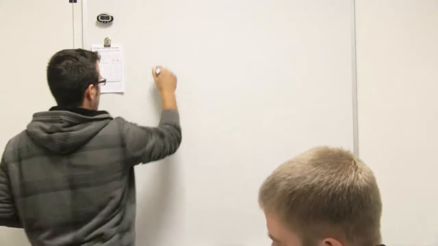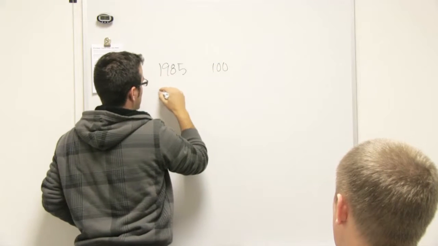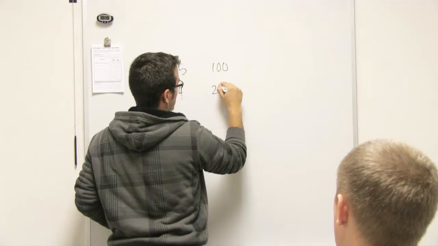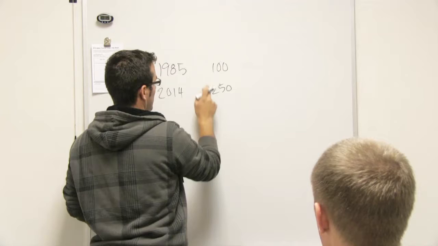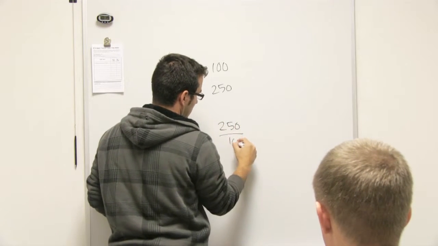Well, that's for the computer, but the price level is the same as CPI, which they're saying right here is 100 to 250. So in 1985, it was 100, and today, 2014, or whenever that book was made, it's 250, right? So you want to see how many dollars today is each dollar there, and so you would do 250 divided by 100.